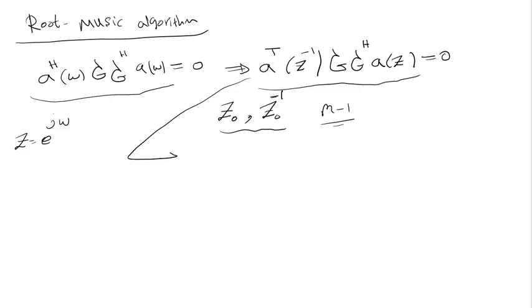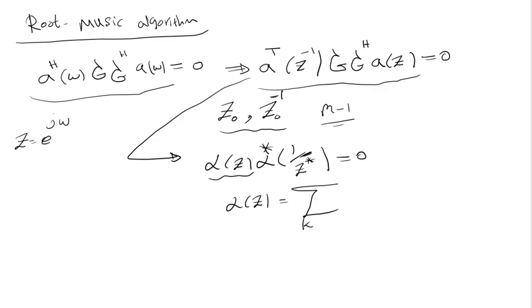We can factorize this to alpha(z) alpha conjugate(1 over z conjugate) equals 0. And alpha(z) is a polynomial. I can write it as the sum over k equals 0 to m minus 1 of alpha_k z to the minus k equals 0, and our frequencies are the roots of this polynomial.